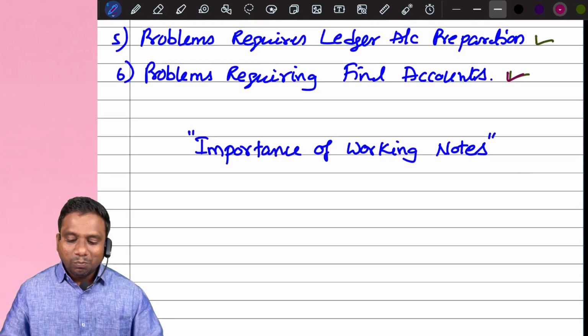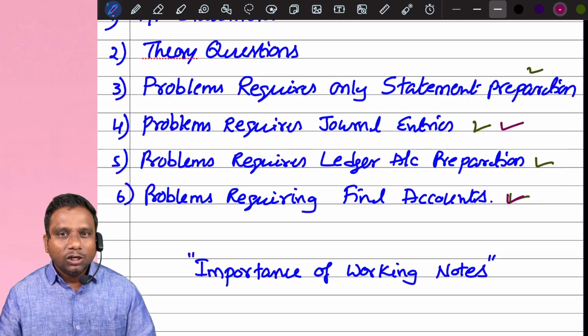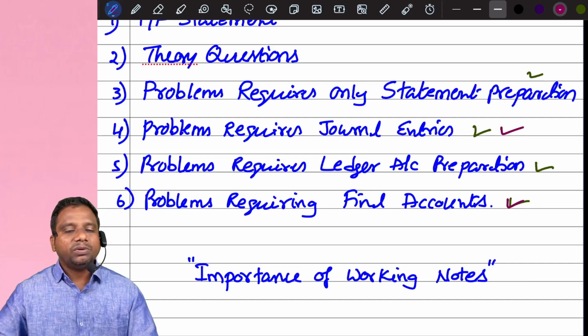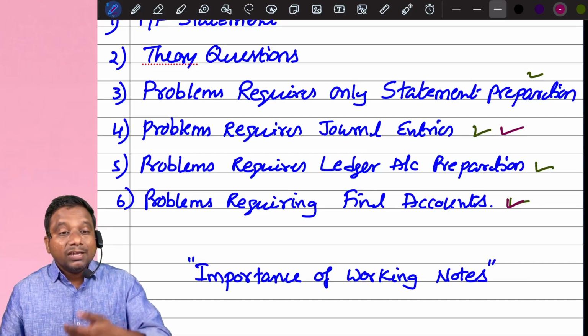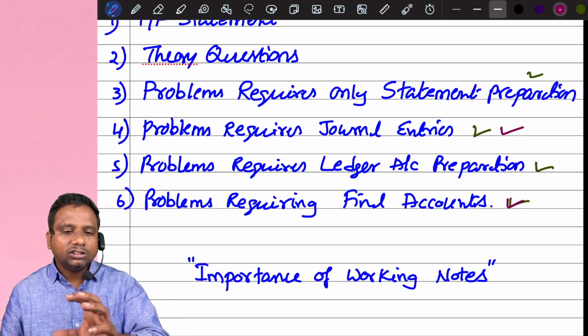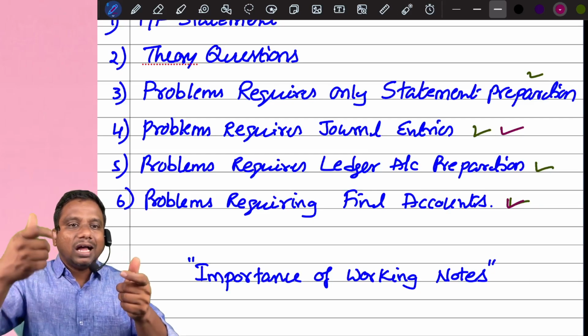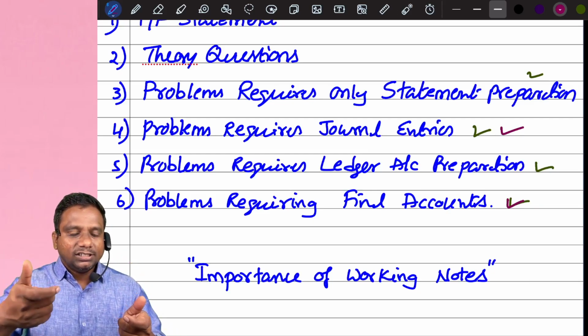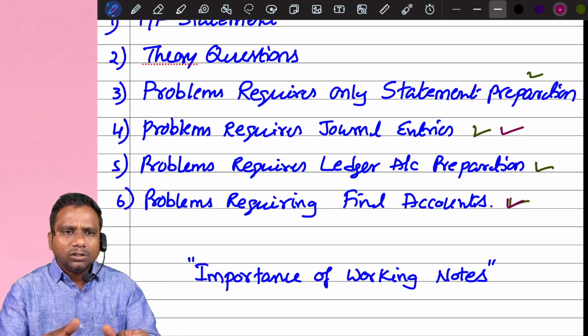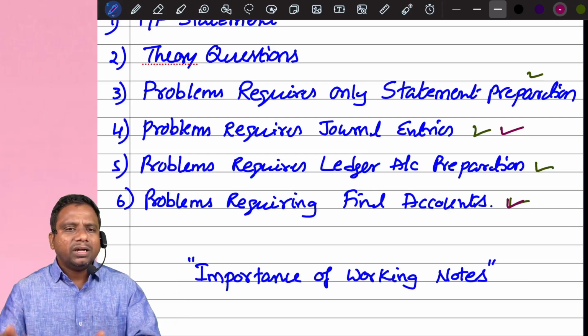And don't forget the importance of working notes. During the preparation of statements, journal entries, ledger accounts or final accounts, if any major working note is there, for small calculations you can just show the calculation in the answer itself. Suppose interest calculation: PTR by 100, principal amount into rate by 100 into time factor.